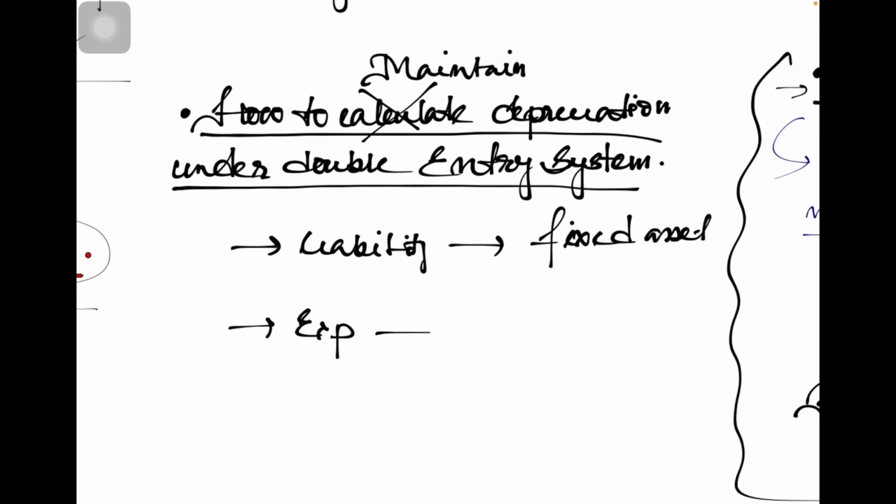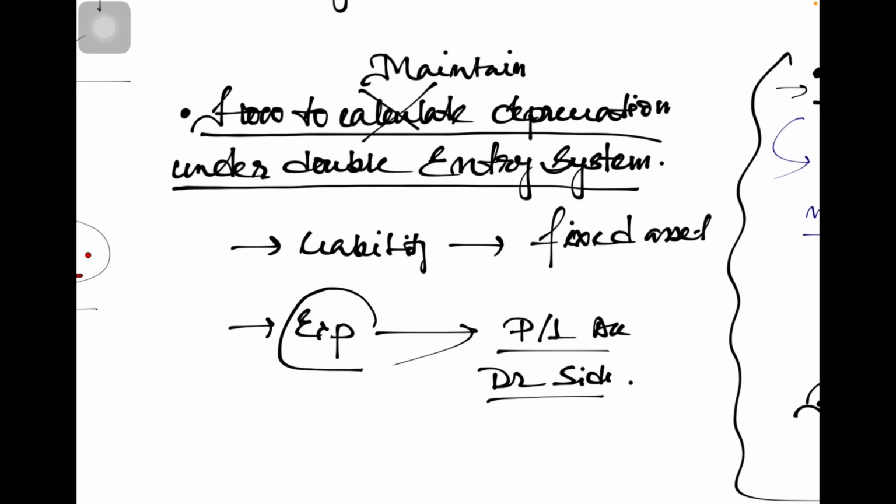And as far as expenses, we have to write down the amount of depreciation on the profit and loss account debit side. Because on the other hand, depreciation is a reserve fund. If you want to save money out of profit, it will reduce your net profit. So obviously we have to write down the amount of depreciation as we write the other expenses on the profit and loss account debit side.